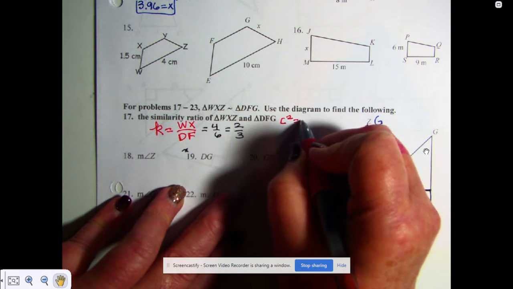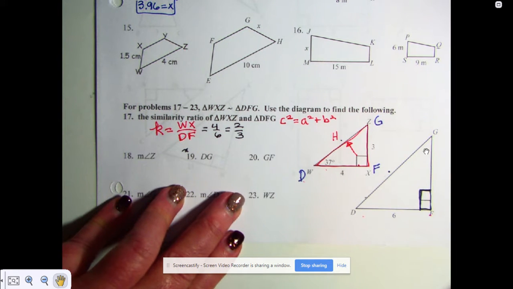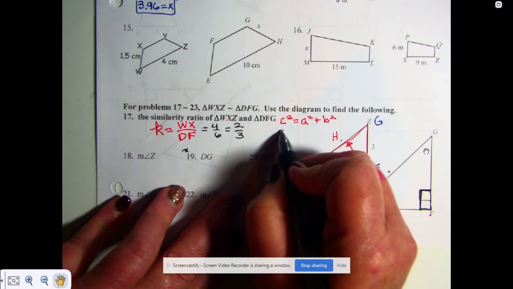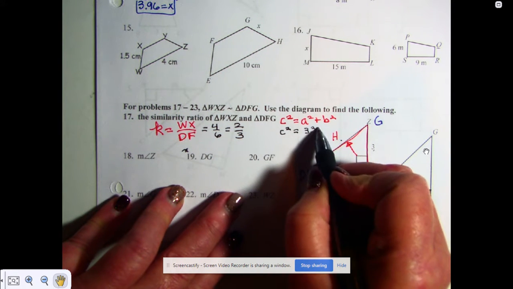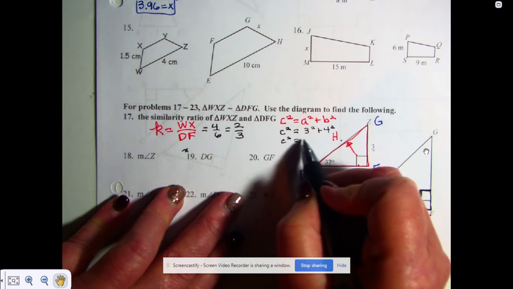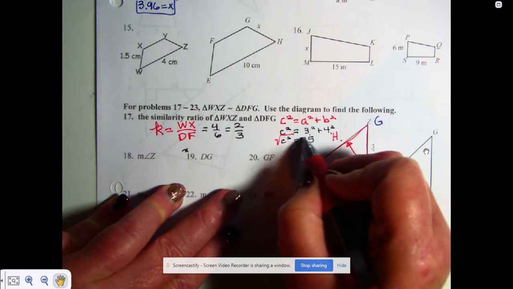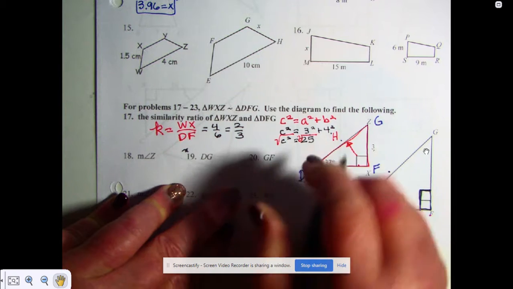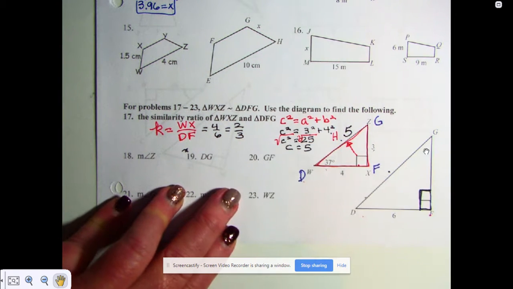So C squared is equal to A squared plus B squared. The C squared represents the hypotenuse, so I don't know the hypotenuse. I have 3 squared plus 4 squared. So C squared is equal to 9 plus 16, which is 25. Then I take the square root of both sides. So C is equal to 5. That means I can put a 5 there.